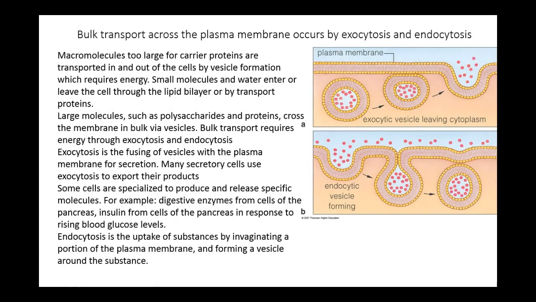A couple of other ways that cells get things in and out via the cell membrane are exocytosis and endocytosis. We've actually talked about this before, might look a little familiar. What you have at the top is a vesicle that started out with information from DNA, went to the endoplasmic reticulum, then the Golgi apparatus, and the Golgi apparatus put it in a vesicle.